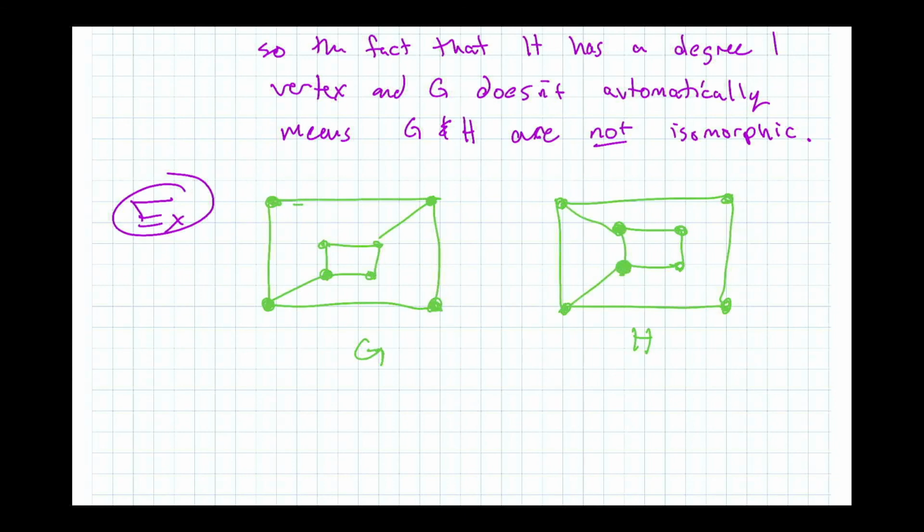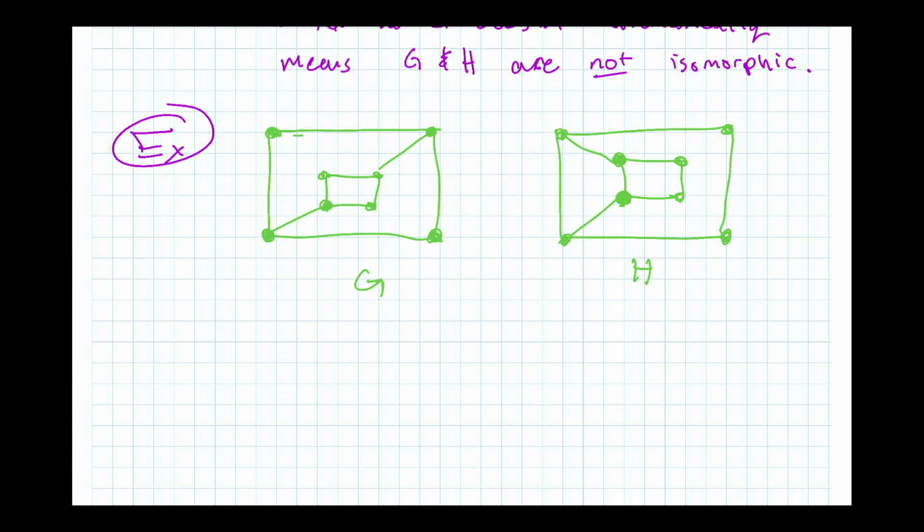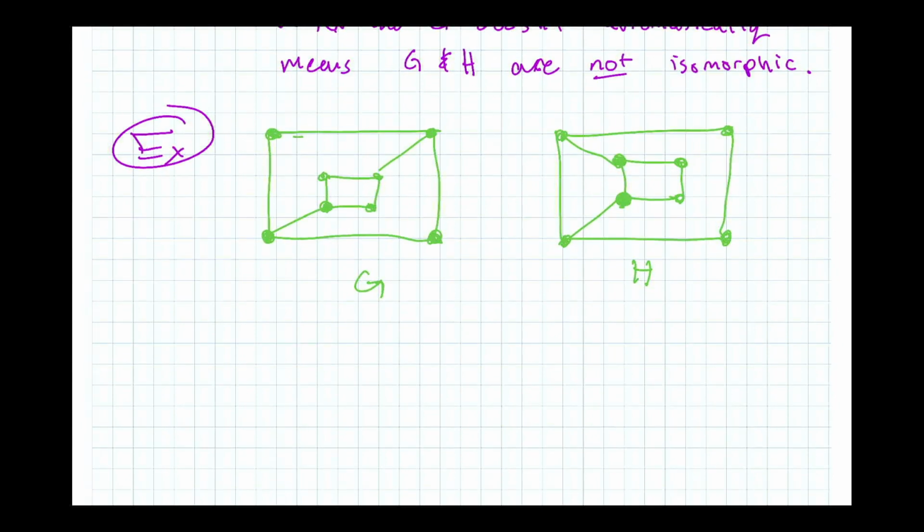All right. So these are not isomorphic, and you can probably show that they're not isomorphic by writing all the degrees down. So like 2, 3, 2, 3, 3, 2, 3, 2, 3, 2, 2, 3, 3, 3, 2, 2.